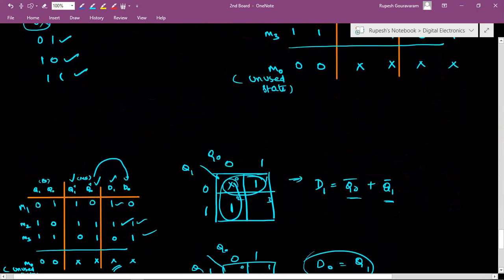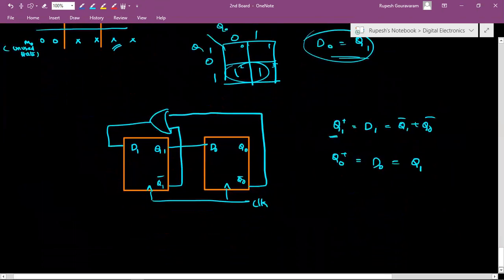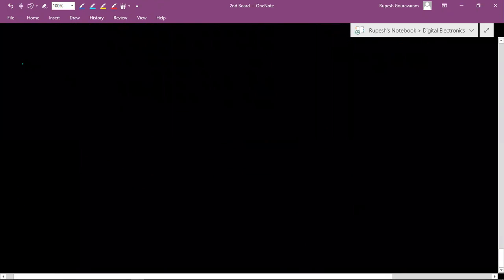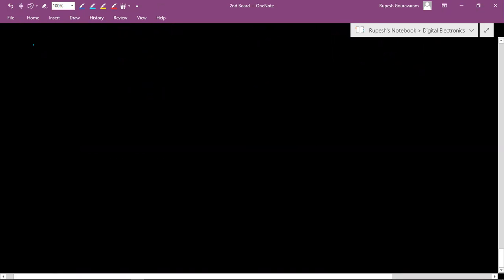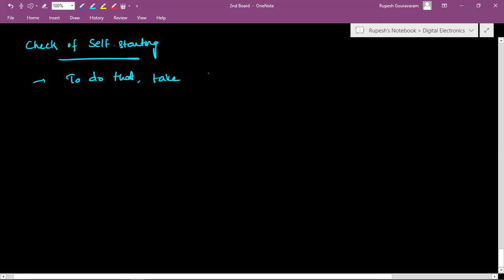To do the self-starting check, we take up all possible states.